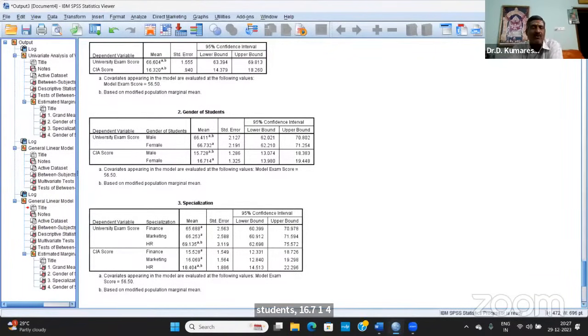Here also a gradual difference. But in both cases, you see female students' performance is better than the male students. It is happening always. In 10th standard public exam, 12th standard public exam, or in our college results also, we find similar results.